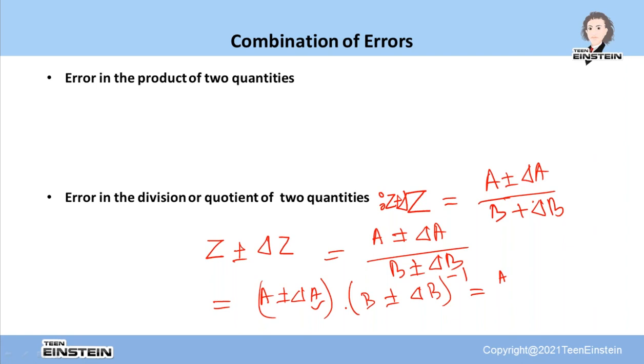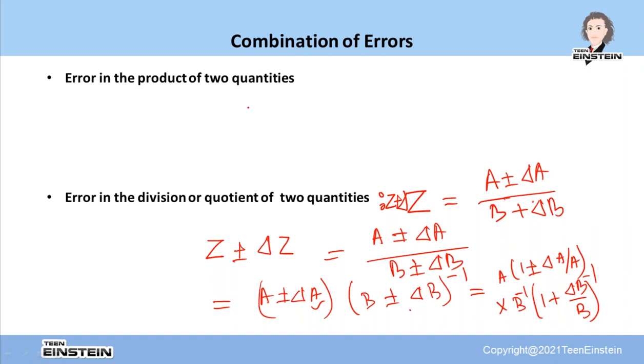I'll just take a common in this case and b common in this case. So 1 plus or minus delta a by a, okay, and look, multiplied by b inverse and 1 plus delta b by b, and this is also minus inverse.